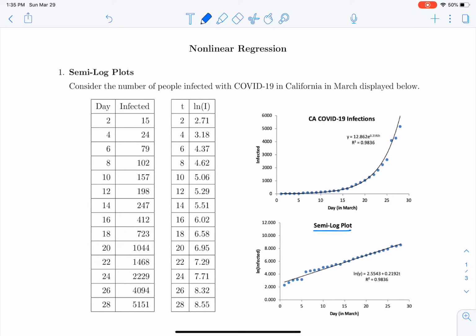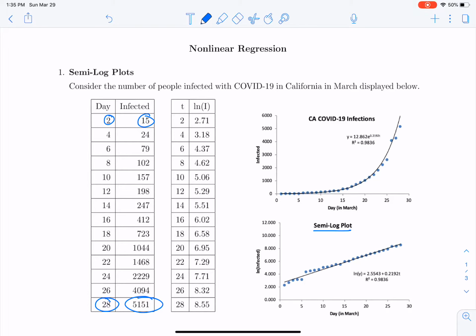For example, on March 2nd, there were 15 infected people, but on March 28th, there were 5,151 infected people. And I've plotted that data to the right.